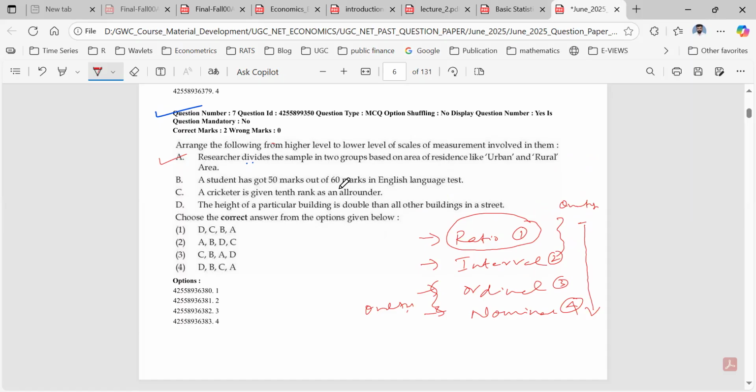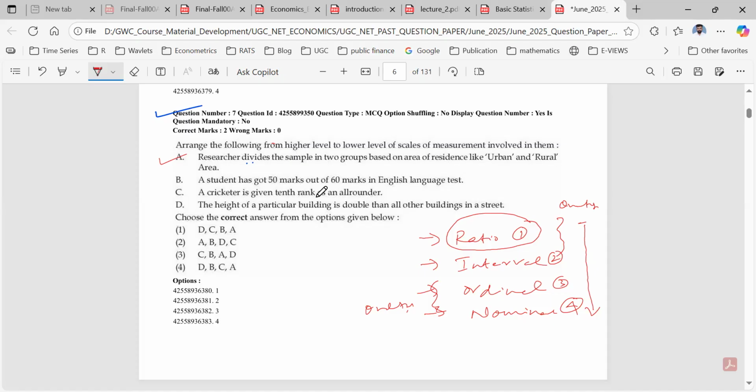You can see, arrange the following from higher level to lower level of scales of measurement involved in them. Please read the questions. First one: researchers divide the sample in two groups based on area of residence, like urban and rural area.